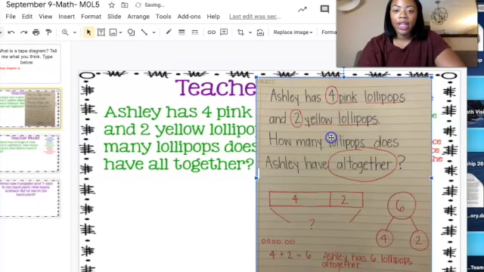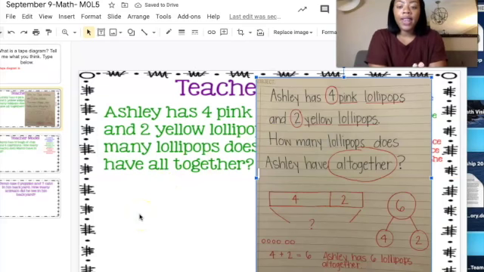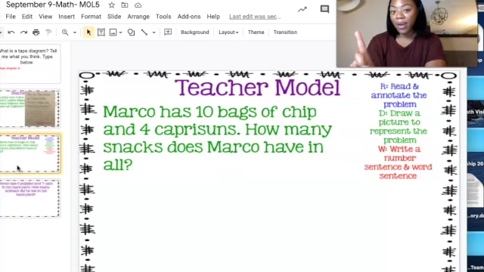That way your teacher can see all of the work that you've done. And if that doesn't work, go ahead and send a picture of your work to your teacher on Class Dojo. So now we're going to move on to me showing you how to do one more problem, and then you're going to get a chance to practice. So stay tuned.